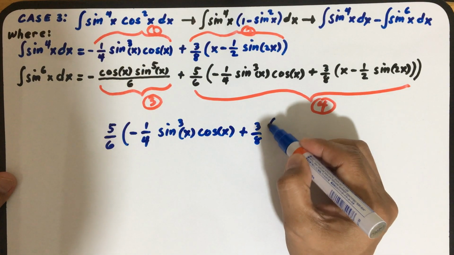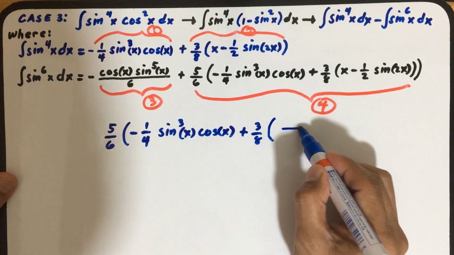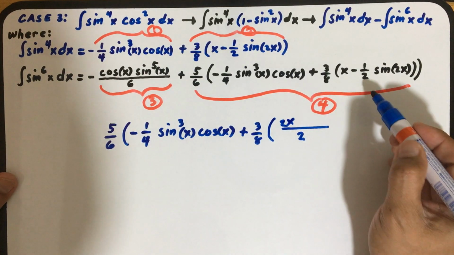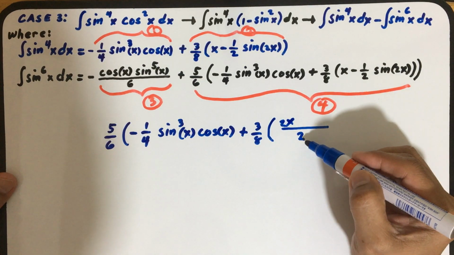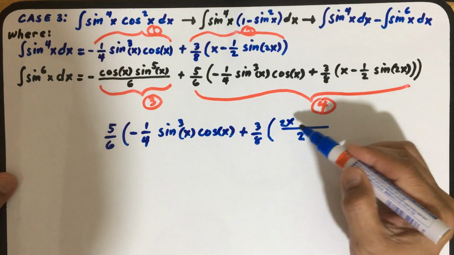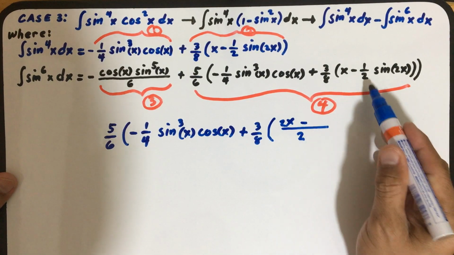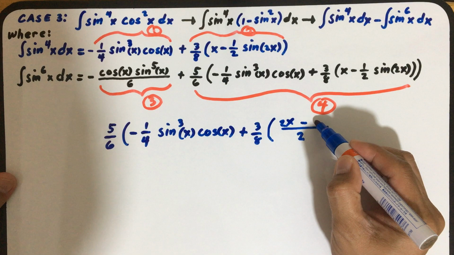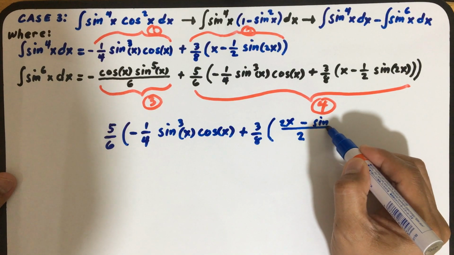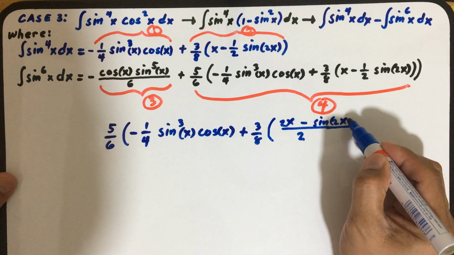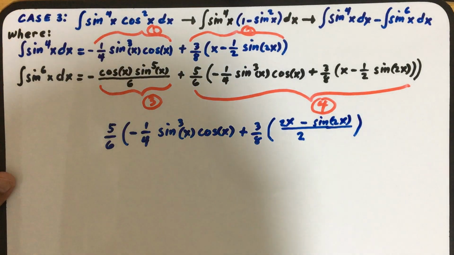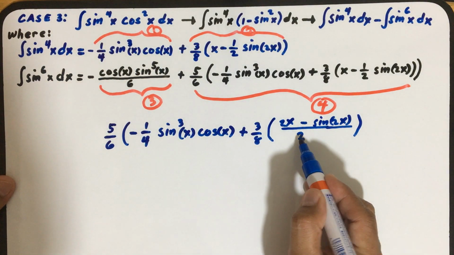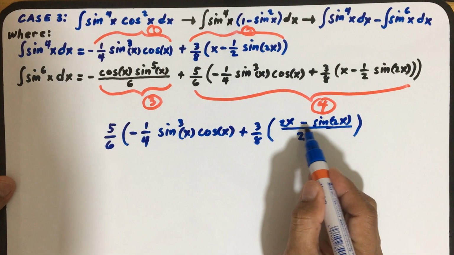Then what is inside here, you can find the LCD, which is equal to 2. So this becomes 2x over 1. So LCD is 2. 2 divided by 1 is 2 times x, so you have 2x. Then minus 2 divided by 2, 1 times 1 is 1, 1 times sine 2x equal to sine 2x. Okay, then you can put this outside because this is the same as 1/2 times 2x minus sine 2x.